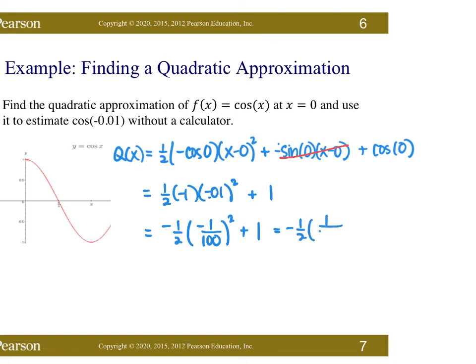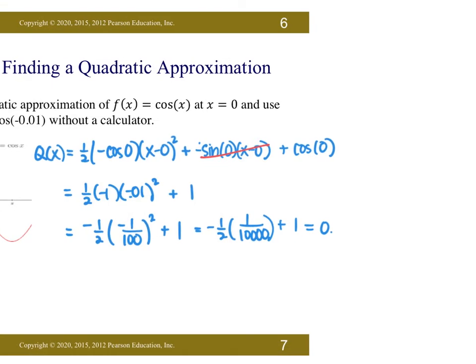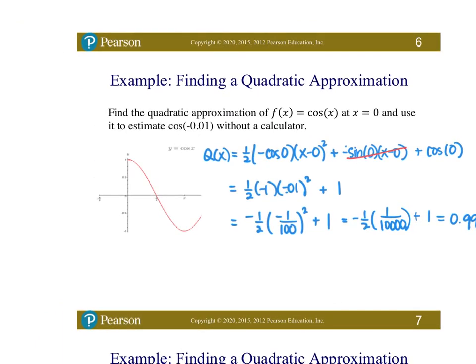Negative 1/2 times 1 over 100 plus 1. So very, very small number. Specifically, we're looking at 0.995.